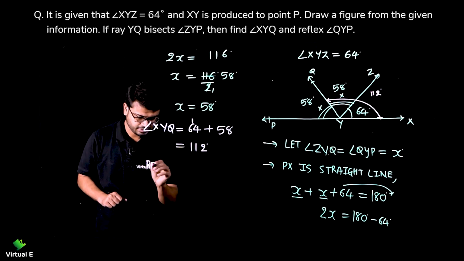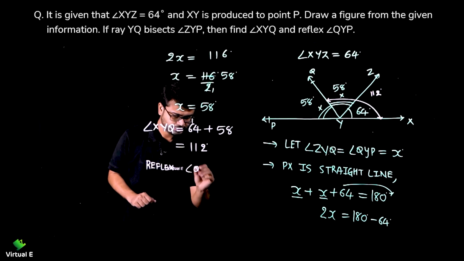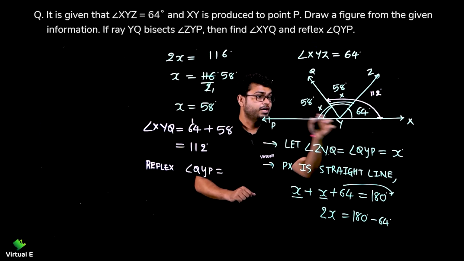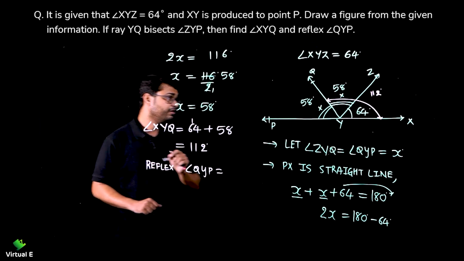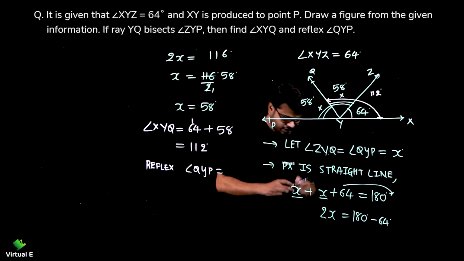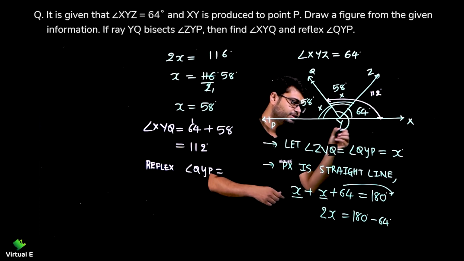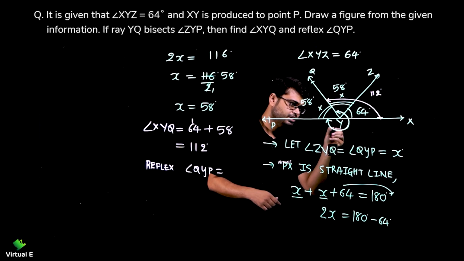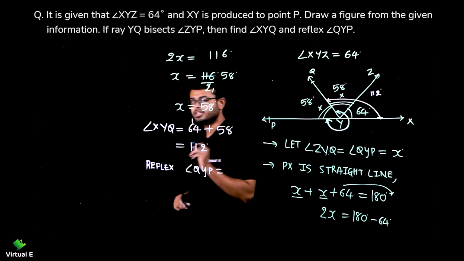Let's write reflex angle QYP. So QYP is 58 degrees, right? Now reflex means what? We want the rest of the angle, right? We want this angle. This is the reflex. This blue one is the reflex. This angle we want. Now this is the complete 360 degree angle.